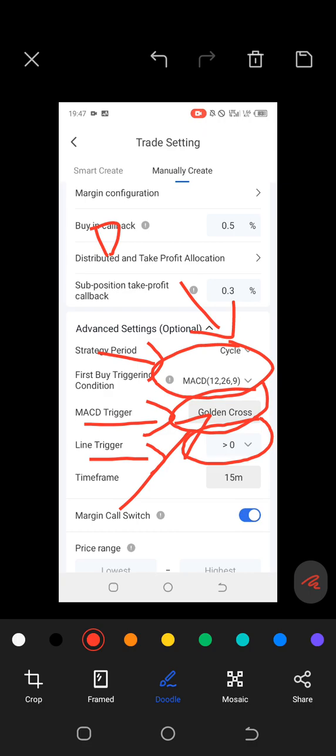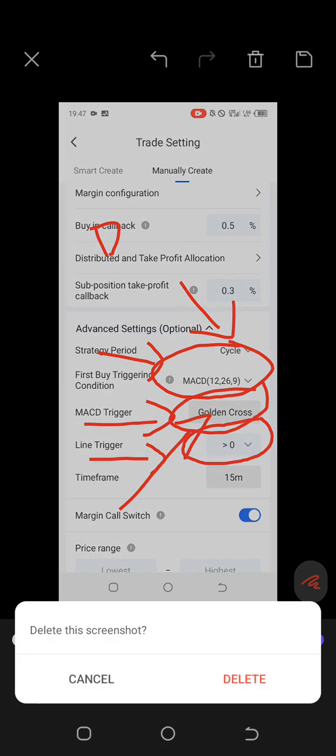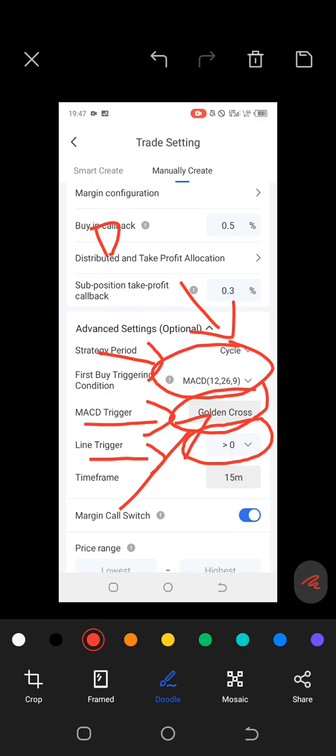Let me not confuse you by going to the futures market and mixing it with the spot. But on the futures market, when you click on short and you come to MACD and tap on the first buy triggering condition, you will see the option death cross, meaning the person wants to trade sells on that pair.